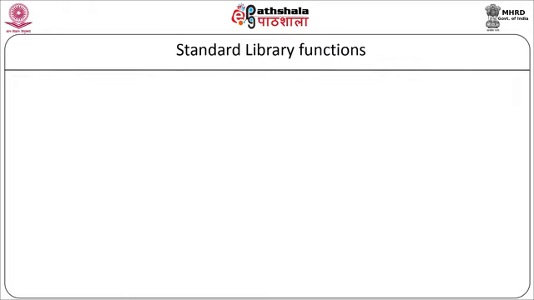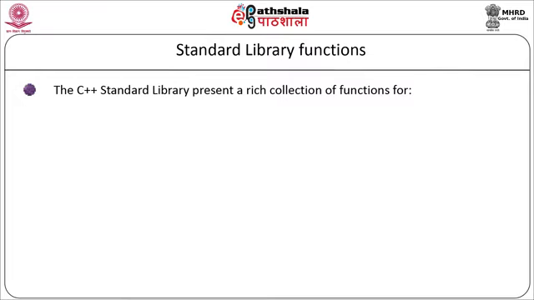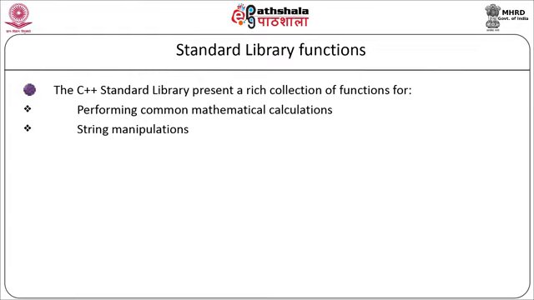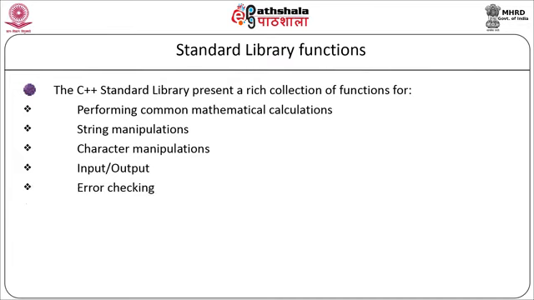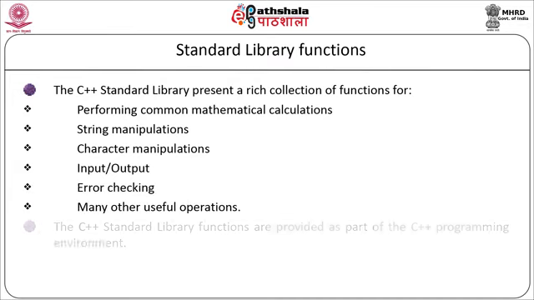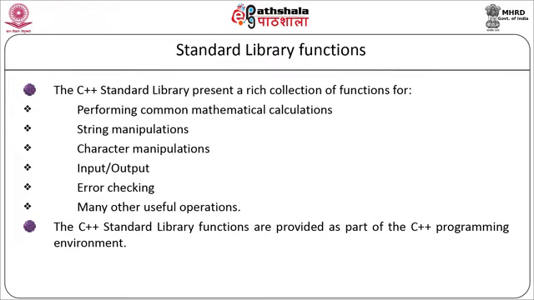The standard library functions are part of the standard library that is made available by the compiler. The C++ standard library presents a rich group of functions for performing common mathematical calculations, string manipulations, character manipulations, input output, error checking, etc. The C++ standard functions are provided as a part of the C++ programming environment.